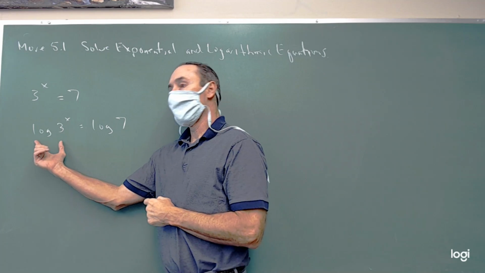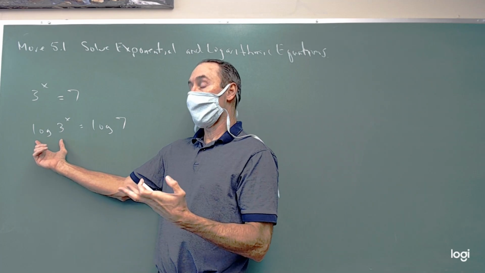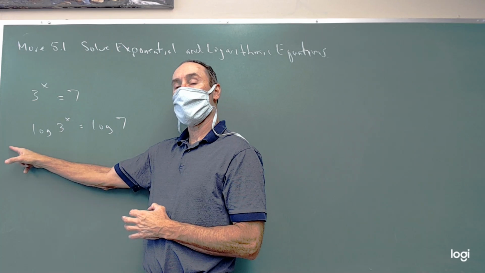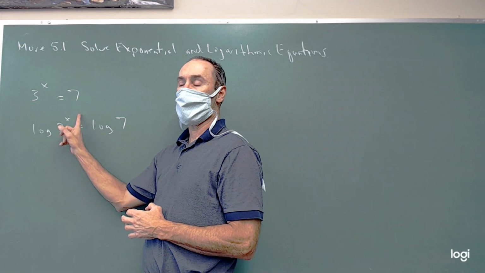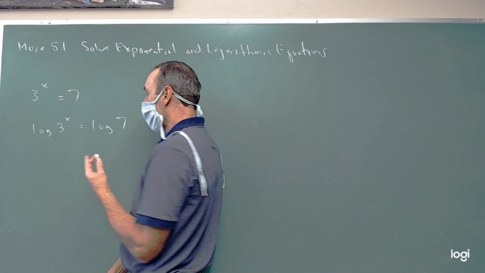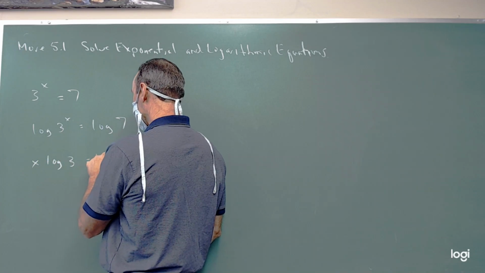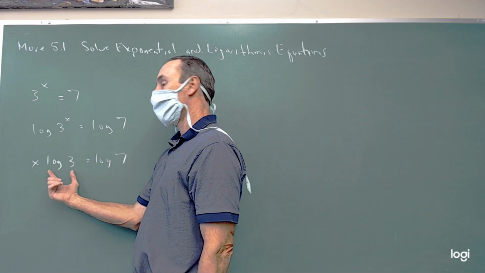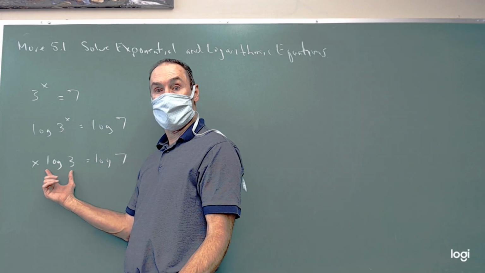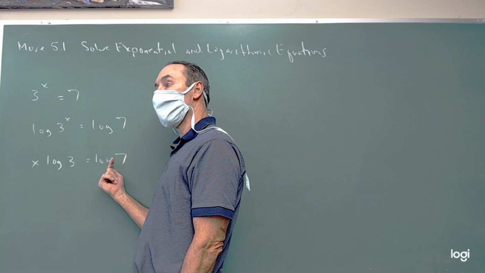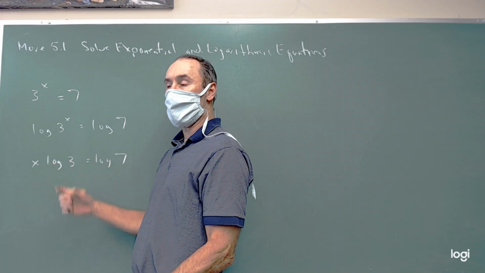The reason for taking a log of both sides is so we can use that property of logarithms that allows us to bring the exponent out in front. So this is huge because it takes the variable out of an exponent and makes it into an ordinary multiplication. So now what we have is this weird constant, log of 3 times x equals another weird number. But this is really just an algebra 1 problem, right?